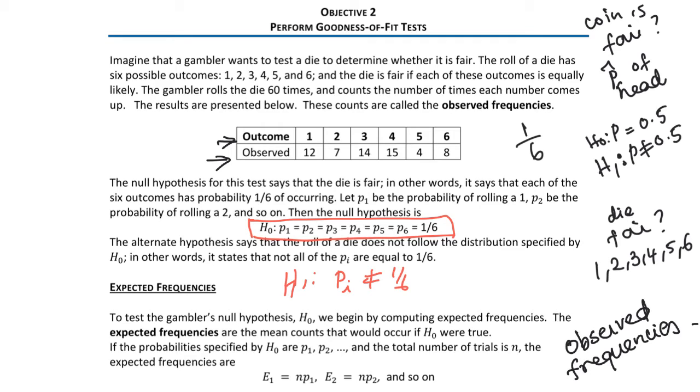If the probabilities specified by the null hypothesis are P1, P2, P3 and so on, and the total number of trials is n, then the expected frequency E1 equals n times P1, E2 equals n times P2, and so on. Again, the expected frequencies are the mean counts that would occur if the null hypothesis is true.